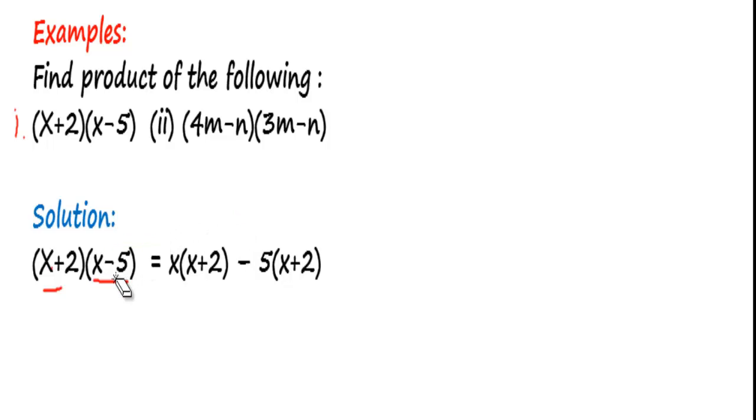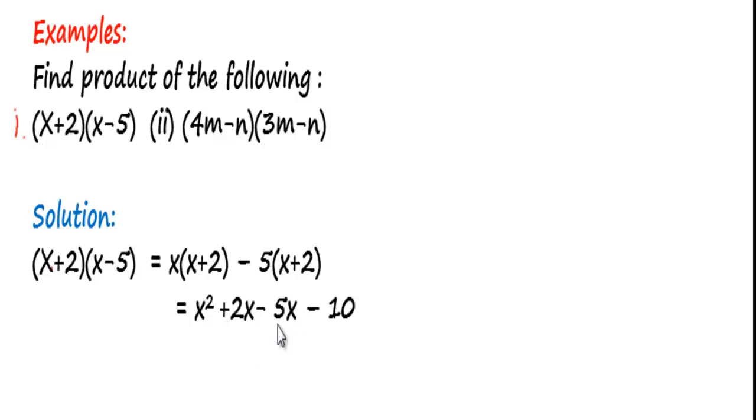Now let's move on. Having done this, you can now say x times x, which is x squared, x times 2, which is plus 2x, then minus 5 times x, minus 5x, and then minus 5 times plus 2, minus 10. Are you getting it? Now you see that plus 2x and minus 5x are like terms, because they have the same letter.